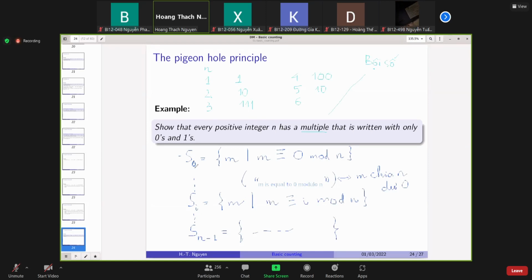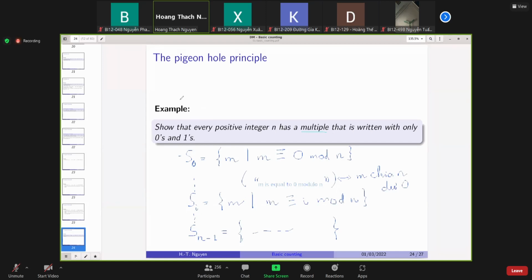Now we will have to create the pigeons. The pigeons, of course, will be the integers, but we will need to manipulate those integers so as to find something that is written with only zeros and ones.